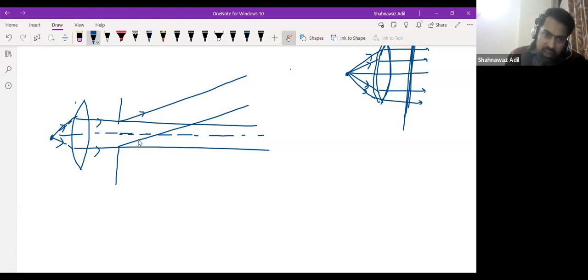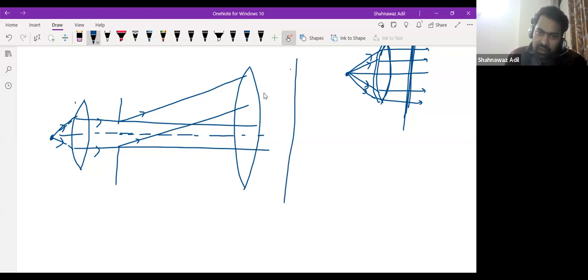What I want is for these rays to converge at some point, so I will put another convex lens here, and then these rays will converge at this screen.